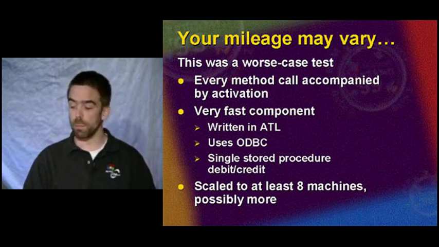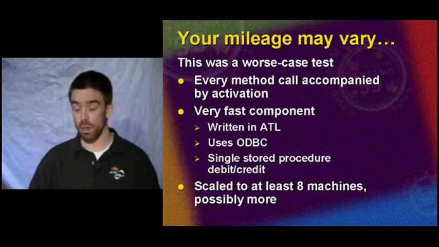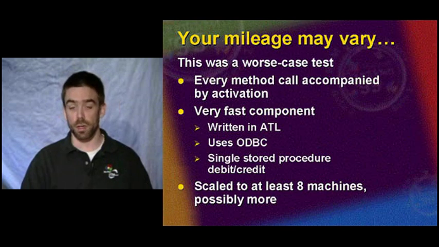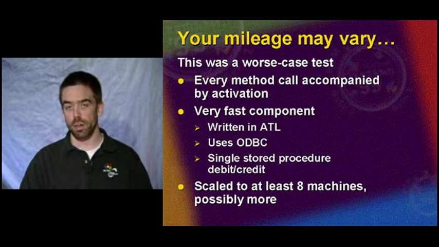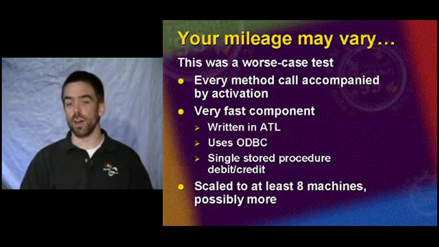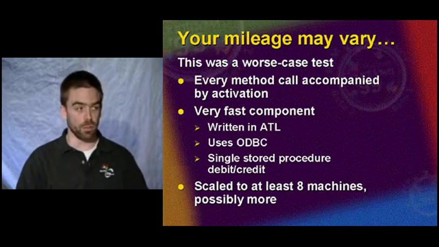And as I mentioned before, whether or not the load balancing server is also an application server affects the usable number of machines that you can put in a cluster. And you really do have to test your application under realistic conditions in order to figure out exactly how well this will work in your situation.